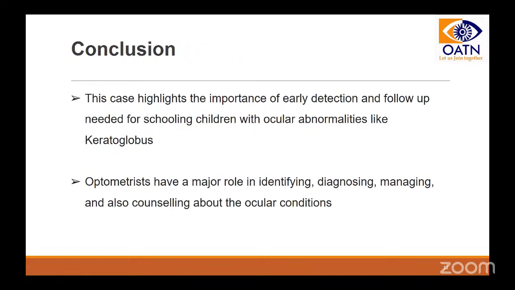So finally, this case report highlights the importance of proper counseling and explaining the condition and treatment modalities, which made the parents realize the importance of regular follow-up. Further, as optometrists, we have a bigger role in identifying, diagnosing, managing, and counseling about the ocular condition to ensure regular follow-up and compliance to treatment given.